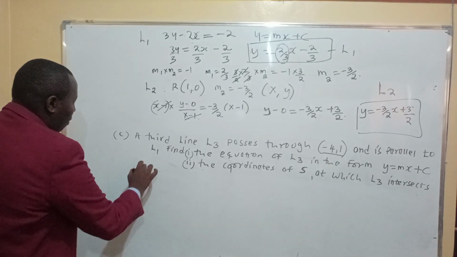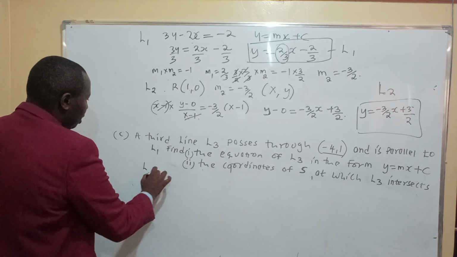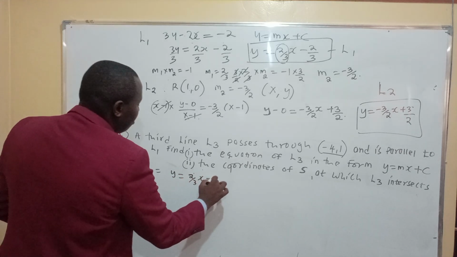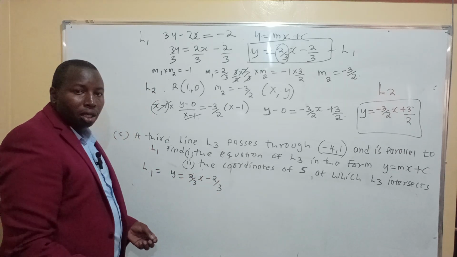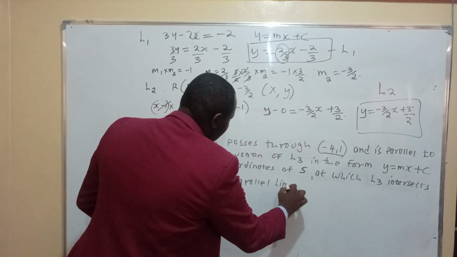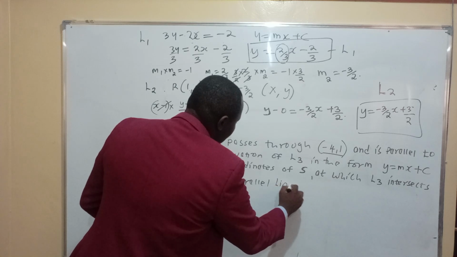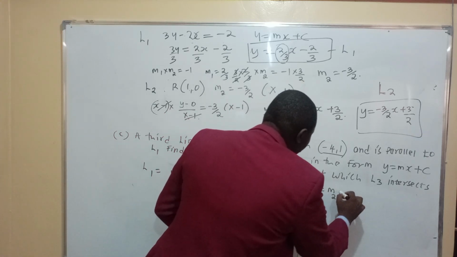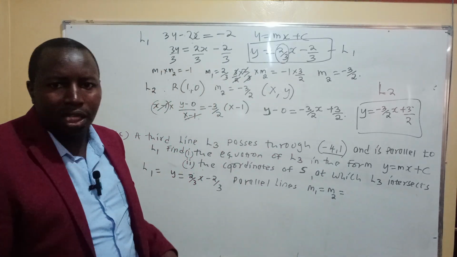You have L1: y is equal to 2 over 3 x minus 2 over 3. When you talk of parallel lines, we say the gradients are equal, M1 is equal to M2, where M represents the gradient.